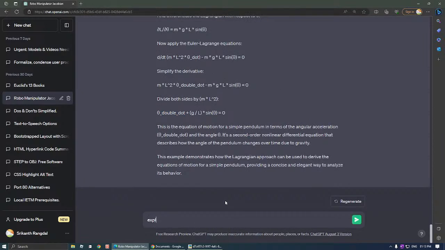Okay, let's now look at the Lagrangian of our robot in 2 dimensions, let's say.